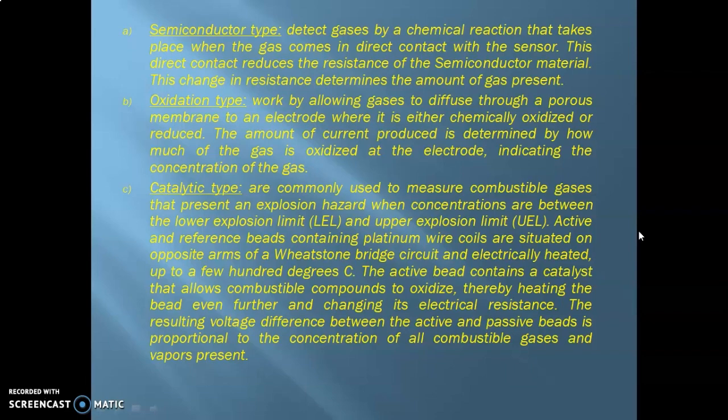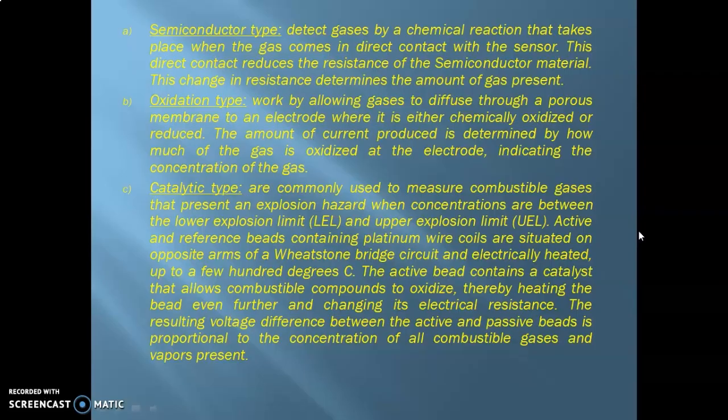What this means is that the gas is continuously sampled by the gas detector, and when the gas comes into contact with the semiconductor material of the sensor, it reduces the resistance of the semiconductor material, and hence this reduction in the resistance is what directly determines the amount of gas that is present within the premises.